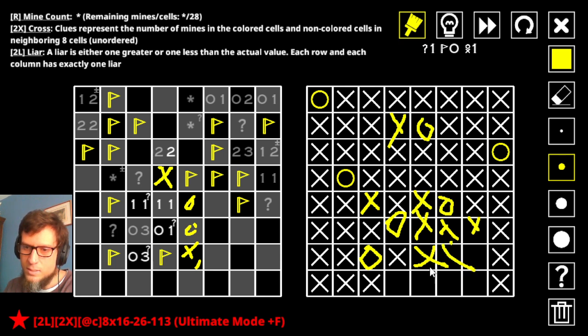That means that's lying, and then, oh hey, every liar has been exposed. Wait, no, this is, wait, what? Yeah, no, yeah, okay. Just from this being a mine, it exposes all the liars. Okay.